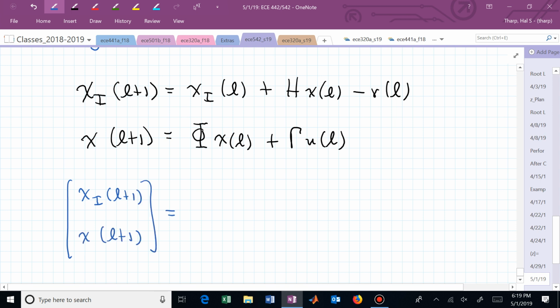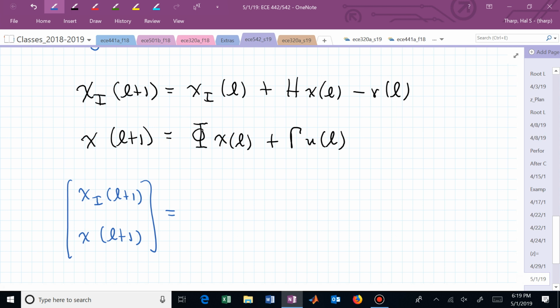I think before I said augment x sub I on the bottom. Now I'm putting it on the top. I'm saying build up this 11-dimensional vector. I'm assuming x was 10th order, so x had 10 components. X sub I has 1. I'm putting that additional one on top of what we started with.